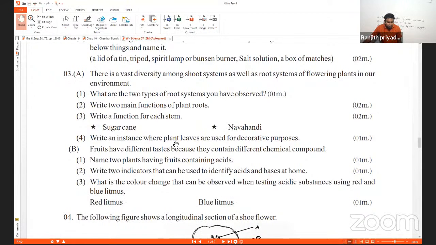So write an instance where. They are asking for an occasion, not the type of leaves actually. Vesak pandals. Yes, to decorate a wedding hall. Weddings. Let's take New Year festivals. Okay, for the festivals.